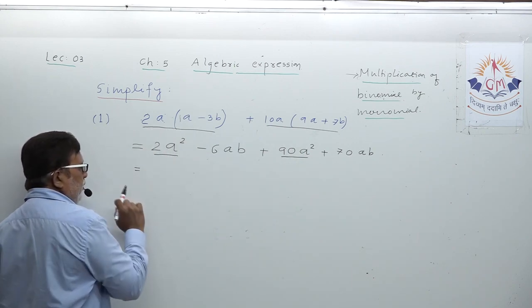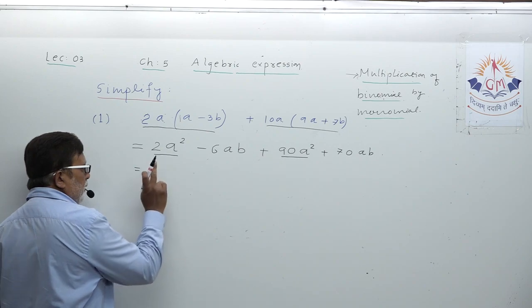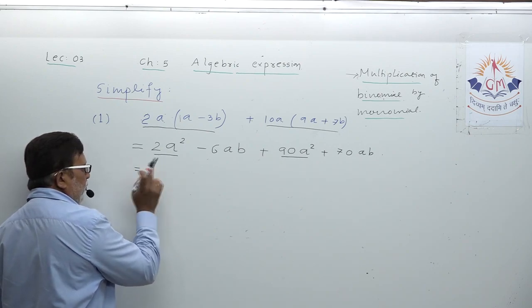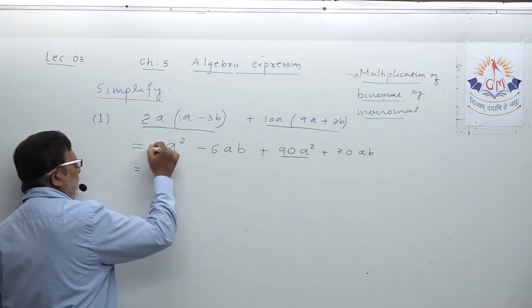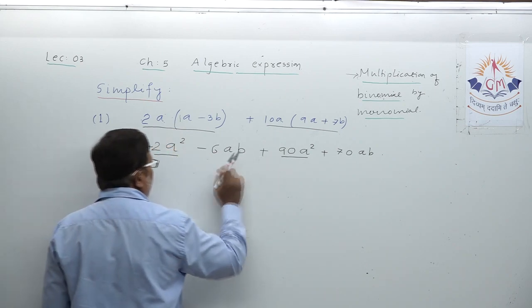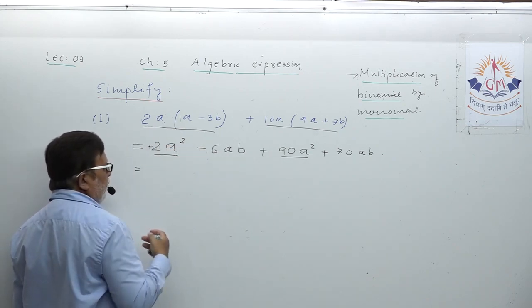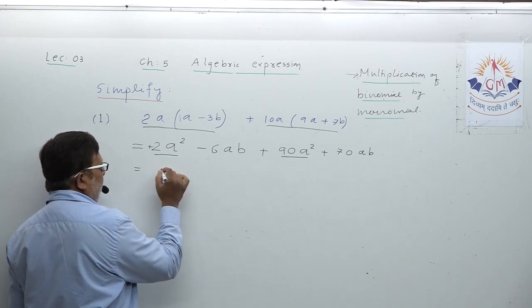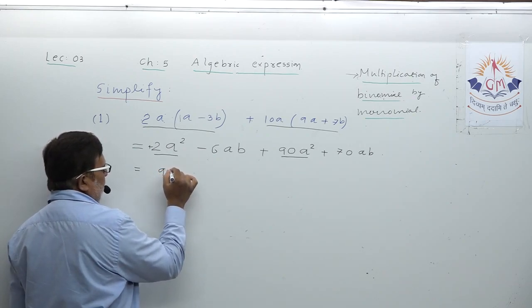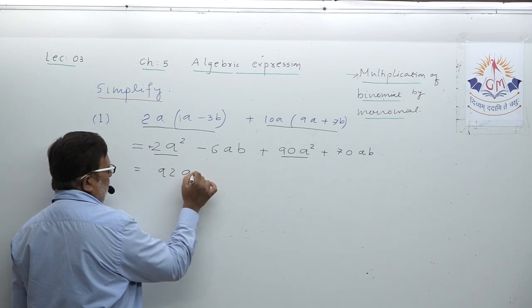Two terms having similar variable and similar power of the variable are called like terms. Here also plus sign, here also plus sign, plus plus plus, you have to add 90 plus 2, 92 a raised to 2.